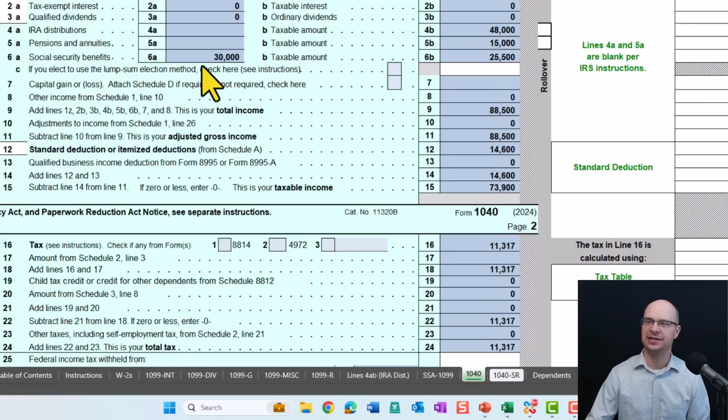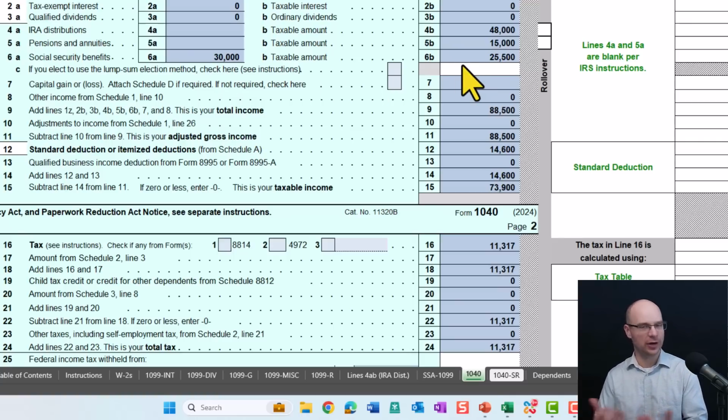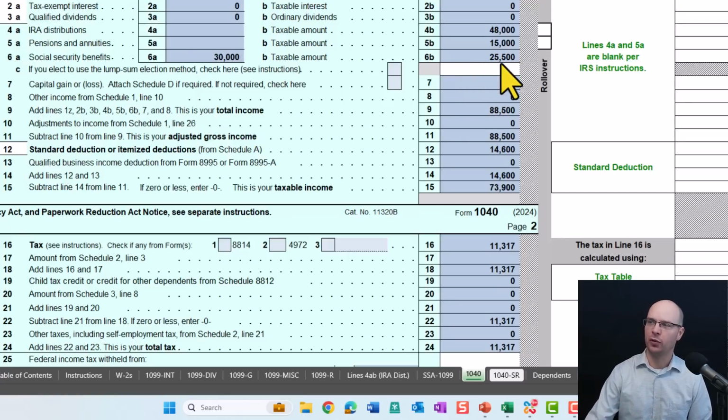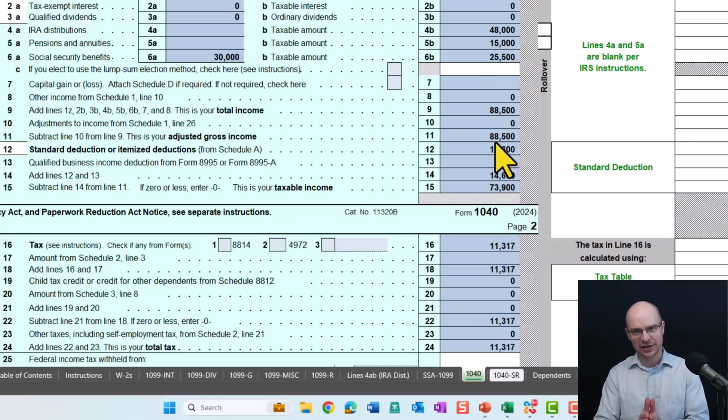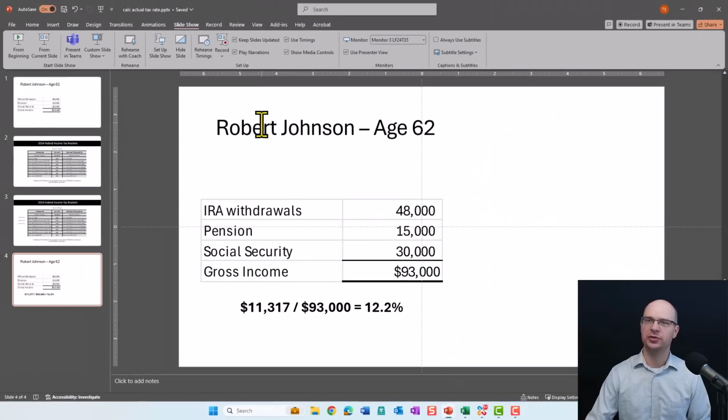Take a look at our line 6A. Remember, Robert Johnson's got $30,000 of Social Security benefits coming in, but only $25,500 of them, or 85%, are subject to tax. So my point is his gross income is actually $4,500 higher than this number. The gross income on your tax return can be different than your gross income in reality.